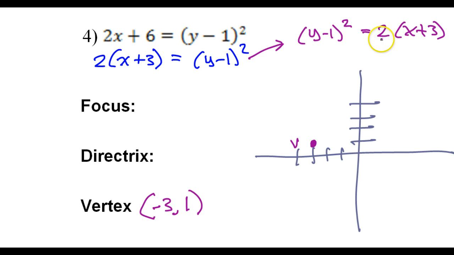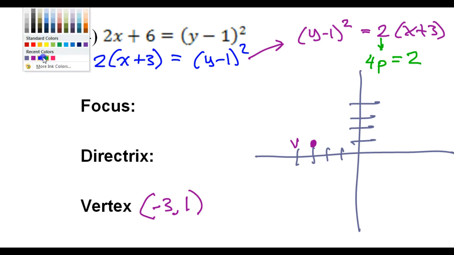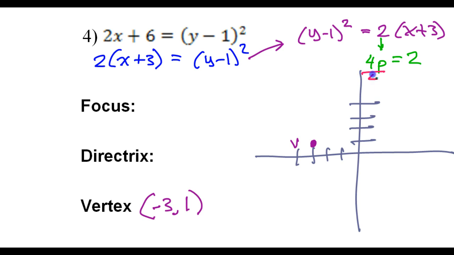Now I need the p-value, which I'm going to get from this. Now remember, this is 4p. So 4p is equal to 2. So if I take this and divide both sides by 4, I'm going to get that p is equal to 1/2. Interesting. p is equal to 1/2.